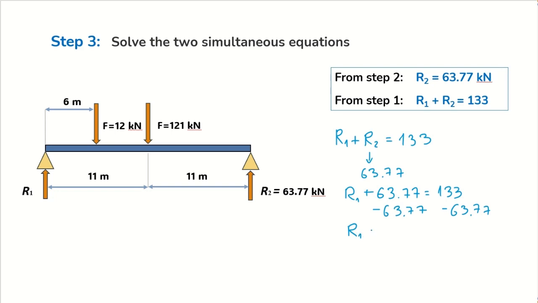R1 equal 133 minus 63.77, and this is 69.33 kilonewtons, and this is the reaction force at the left end.